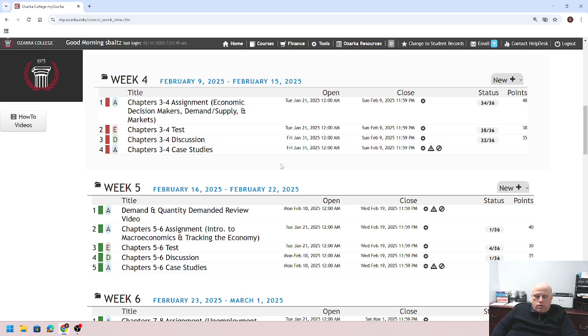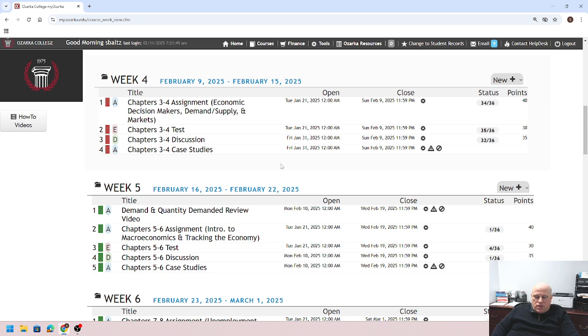And other topics that go along with that are economic growth and fluctuations, economic indicators, aggregate demand and supply, which is a big topic for macroeconomics. And then finally, we'll also talk about the history of the U.S. economy. All right? So that's chapter 5. That introduces you to basic macroeconomic concepts.